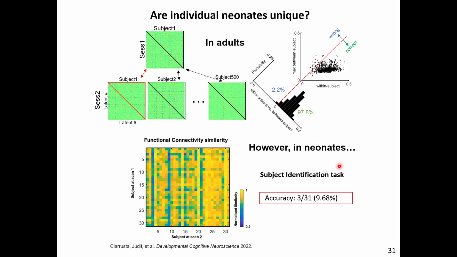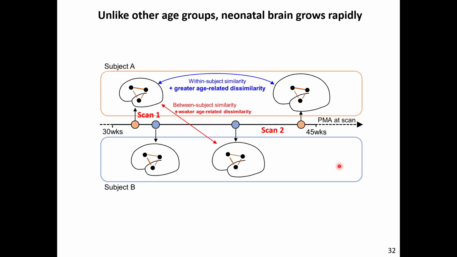So we were thinking maybe this is because of how they defined these features, functional connectivity using ICA or cortical parcellation, was the problem. The reason we argue this is that, unlike adult ages, the newborn brain grows very rapidly.